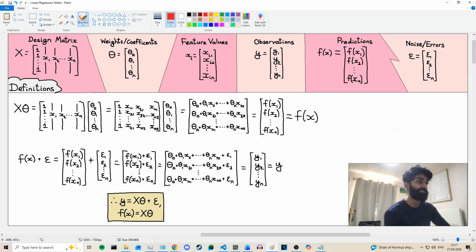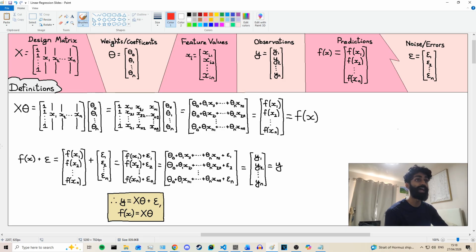When you do it for every single row, you get a system of linear equations, matching up with the linear algebra concept of a matrix multiplied by a vector representing a system of linear equations. So that's why this result falls so neatly into our linear regression equation as well.